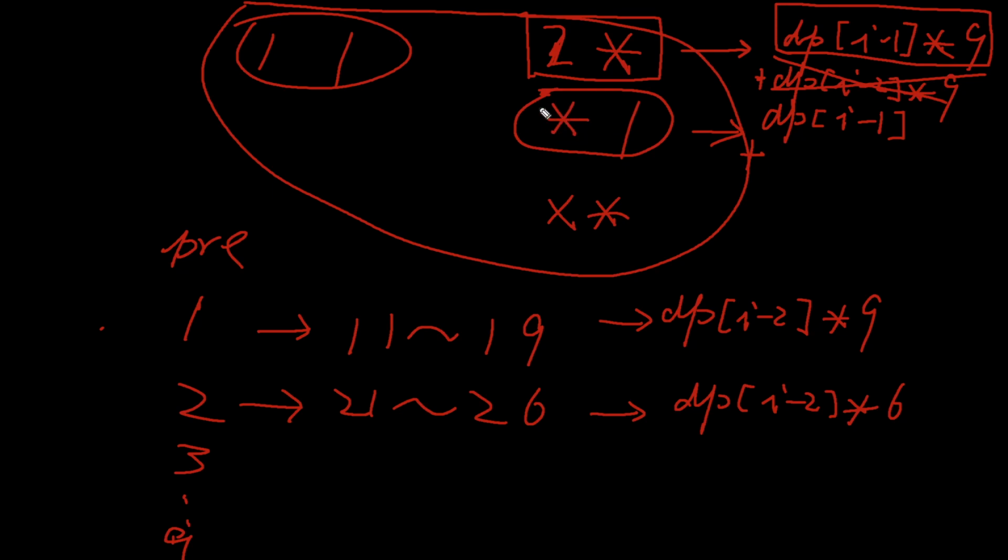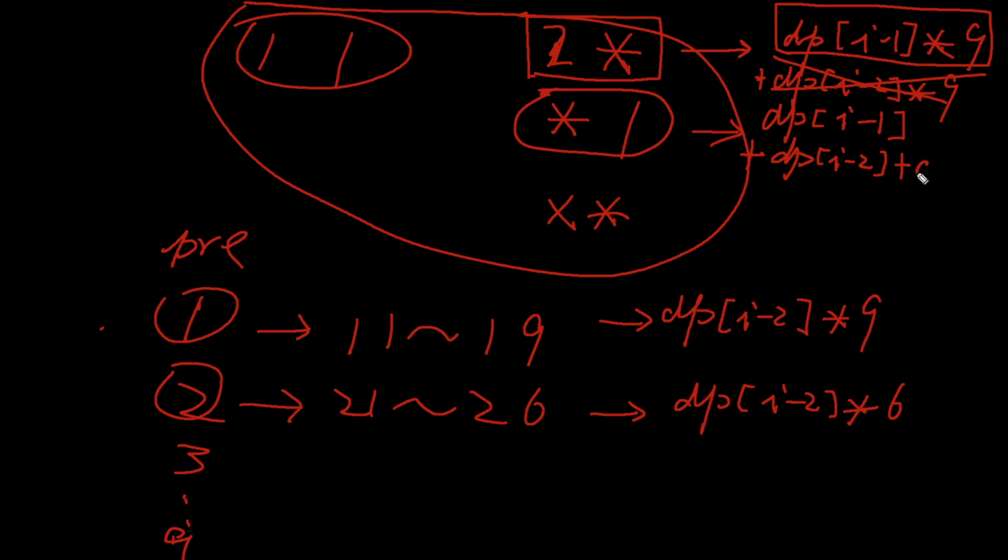The previous one only has 2 scenarios: if you want to include two digits in this case, the previous one can only be either 1 or 2. For 1, we will definitely have dp of i minus 2, because if we use the wildcard to represent 1, it doesn't matter what the current number is. It can always be dp i minus 1.